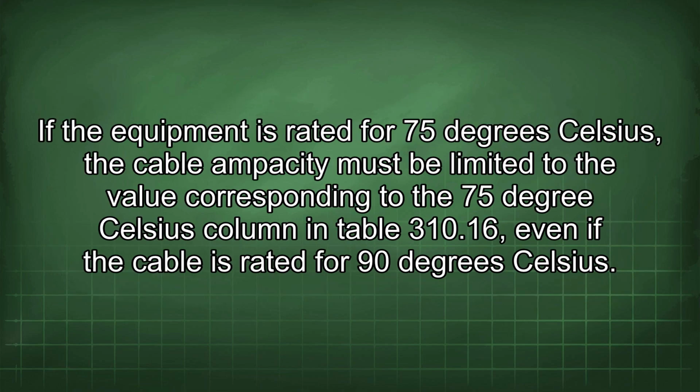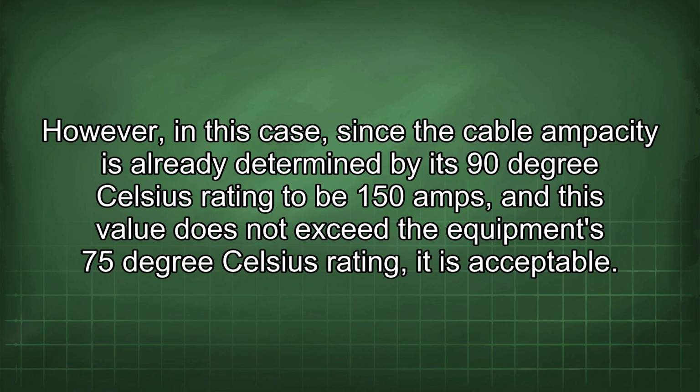If the equipment is rated for 75 degrees Celsius, the cable ampacity must be limited to the value corresponding to the 75 degrees Celsius column in Table 310.16, even if the cable is rated for 90 degrees Celsius. However, in this case, since the cable ampacity is already determined by its 90 degrees Celsius rating to be 150 amps, and this value does not exceed the equipment's 75 degrees Celsius rating, it is acceptable.